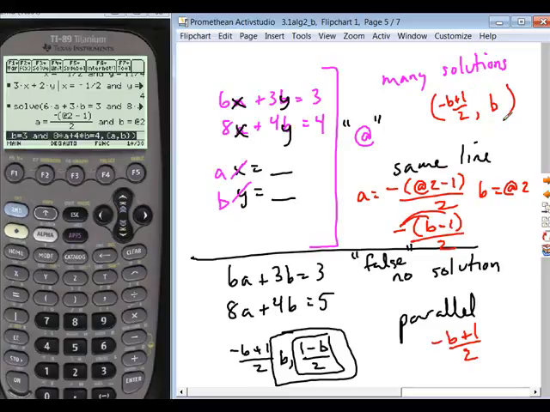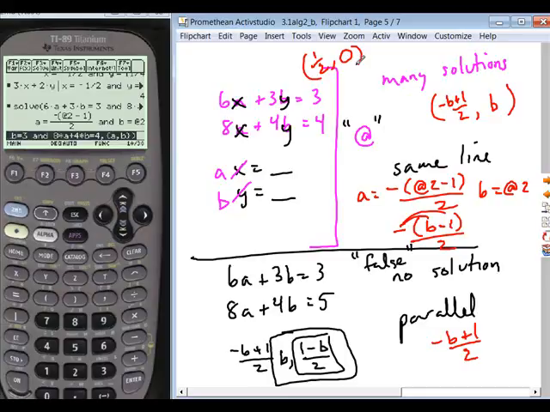So one solution is if b is 0, what is your a value going to equal? Negative 0 plus 1 divided by 2, which is 0 plus 1 is 1, so 1/2. So this would be one possible solution.